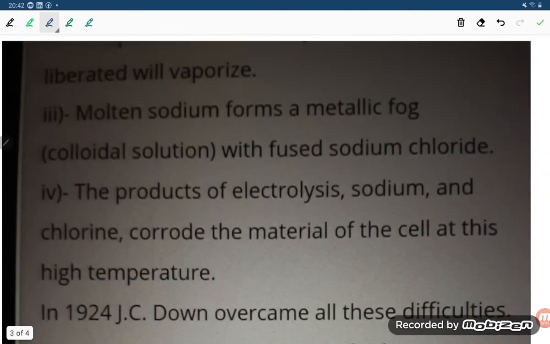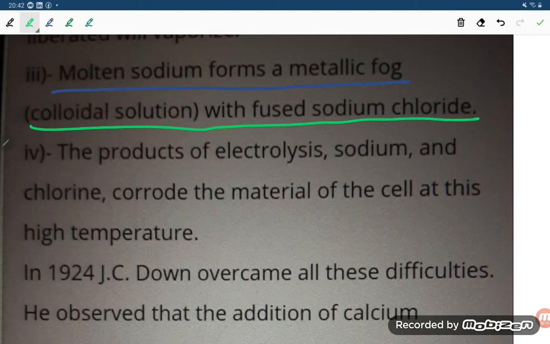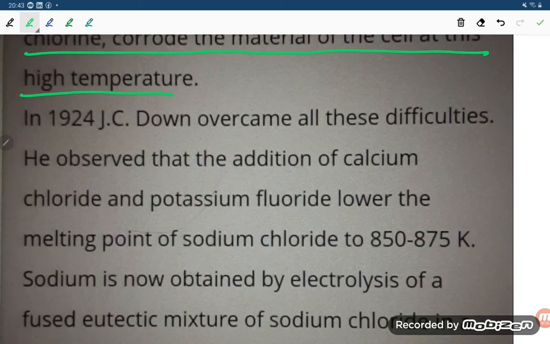So what are we doing, students? Molten sodium forms a fog, a colloidal solution with the fused sodium chloride. The products of electrolysis, sodium and chlorine, corrode the material of the cell at high temperature, so high temperature is also problematic. So in 1924, C. Down overcame all these difficulties.